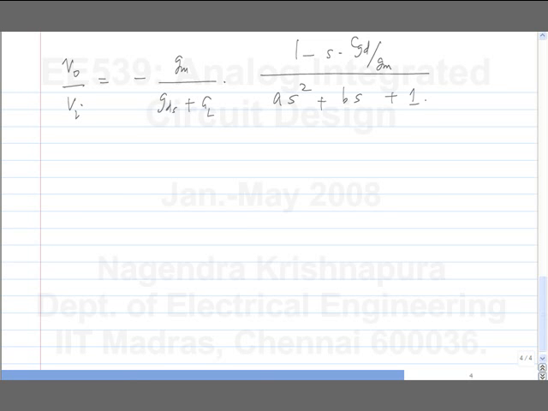So if you normalize it, this is what it turns out to be, if the DC gain is 1. I mean DC gain is Gm by GDS plus GL. So what is A and what is B?